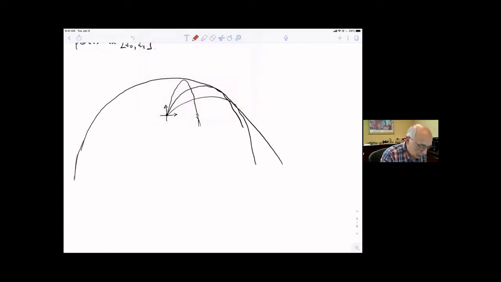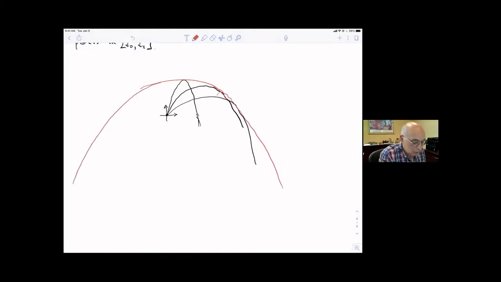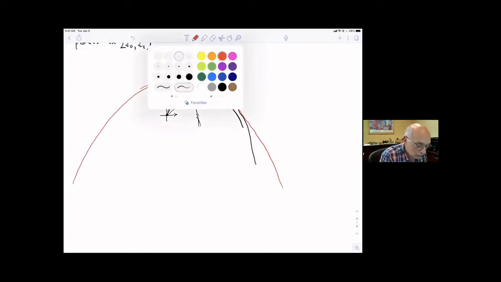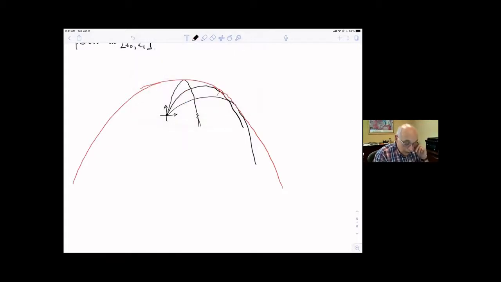I'll dare to use red color. Maybe I'll just erase this and draw the envelope in red. So this turns out to be a parabola also, but of course of a different shape. Okay, so this is one of the beautiful things.